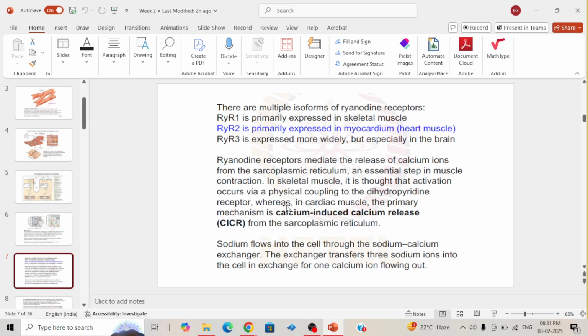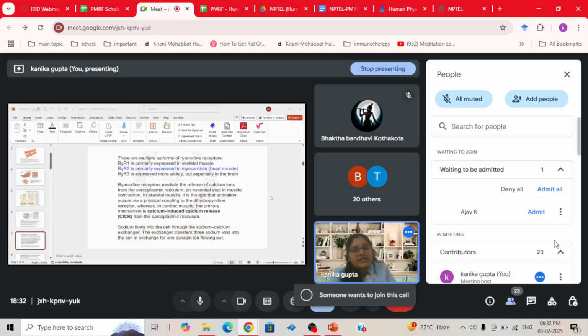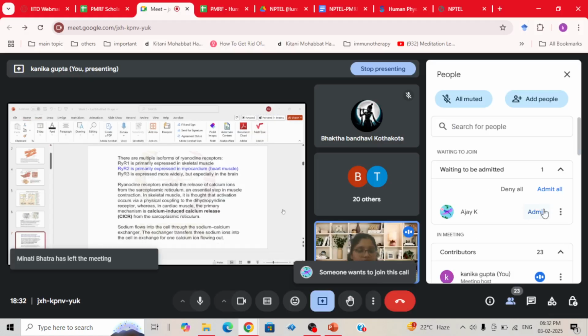You should remember that in cardiac muscles, the opening of ryanodine receptors is not a mechanical process, but is by induction through calcium ion only. Calcium ion will induce the opening of ryanodine receptor and release of calcium ions. This is an important thing you must remember.